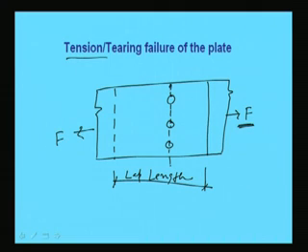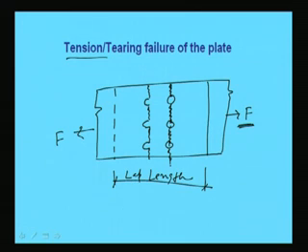The tearing may start here. So, it may happen like this. So, after some time what will happen? That this will come like this, then this, then again tearing. So, the plate is going to tear as a whole and the failure will be happening like this.